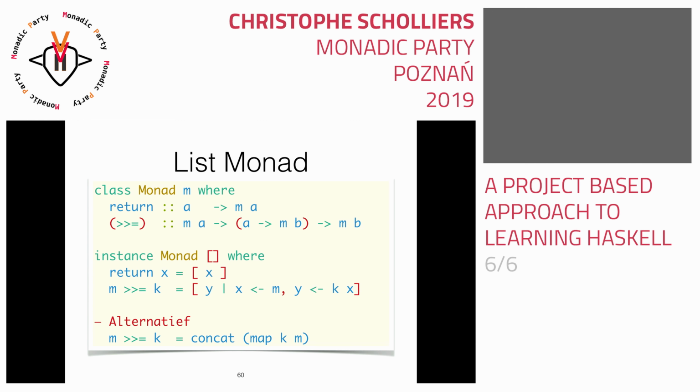Then we take all these results into the returning list. Bind needs to return a list of B's, and that's also what we do here.